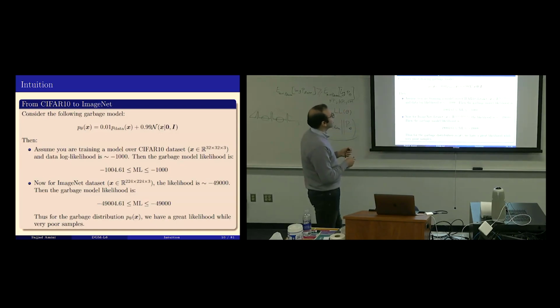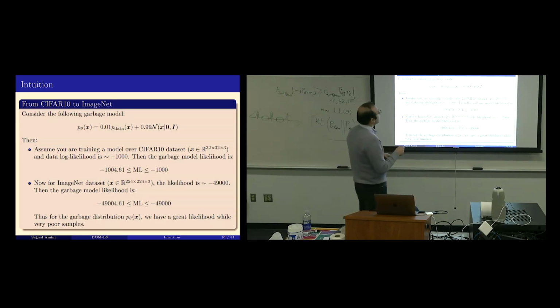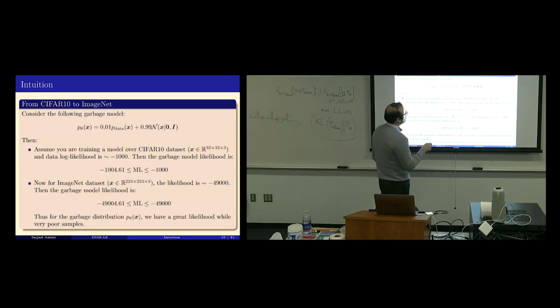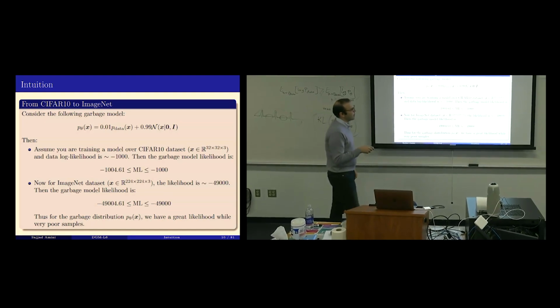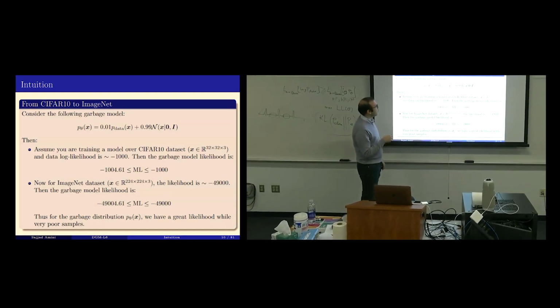Pay attention to here. We see that the p theta of x is 0.01 of p data plus 0.99 of Gaussian, a standard normal distribution. Then assume you are training a model over CIFAR-10 data set with this dimension.